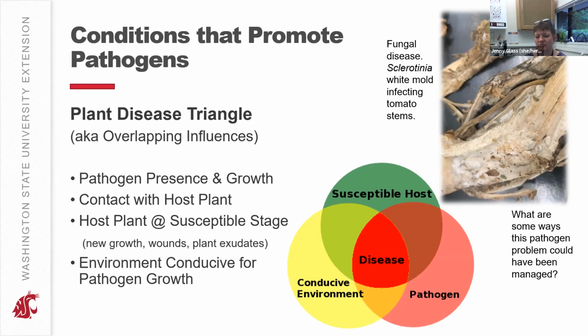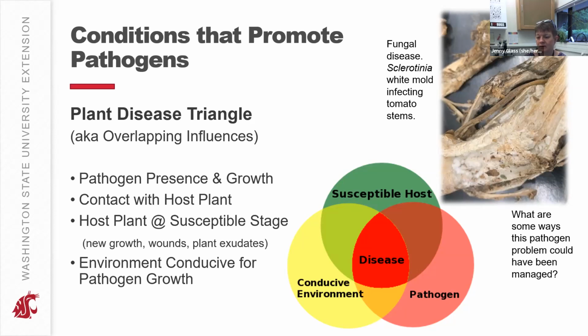And then conducive environment is probably where much of our control is. This is things like how long the leaves stay wet, and you can influence that by spacing, timing of your watering, and method of watering. If you're indoors in a hoop house or greenhouse, maybe there are things you can do with fans or pruning of leaves to get air circulation going.